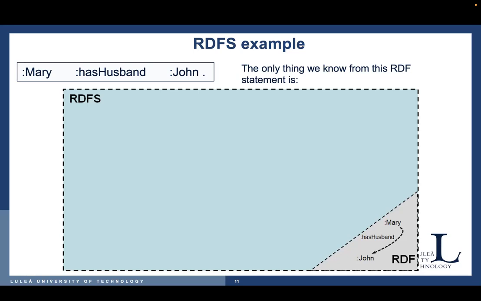Yesterday when we talked about describing resources, we used this subject predicate object format. That was the job of RDF. Now we want to add more information to the picture. We want to say that Mary is a woman, John is a man.